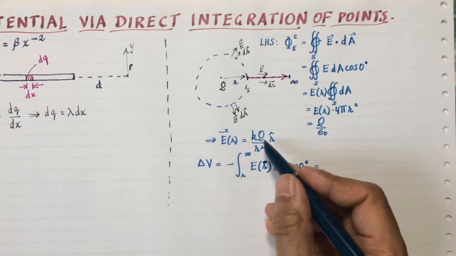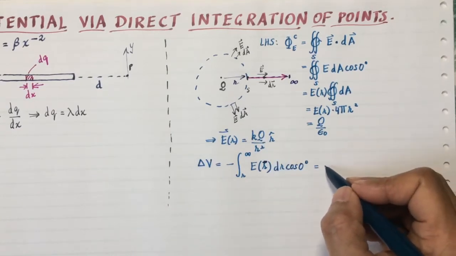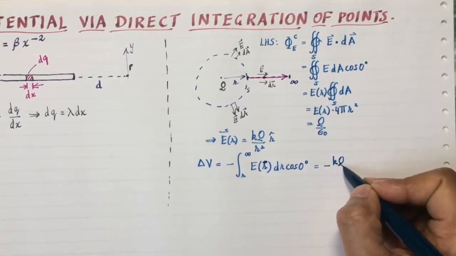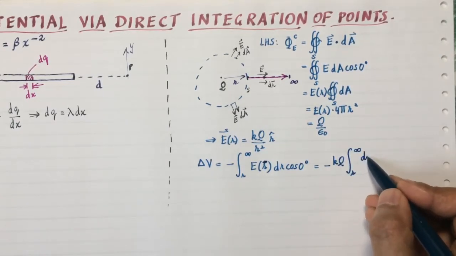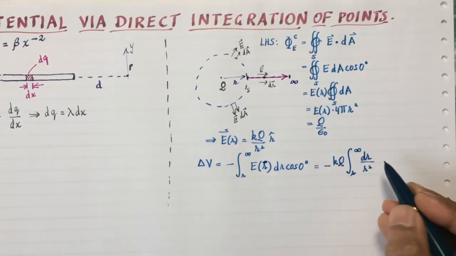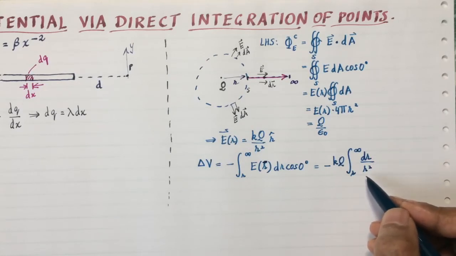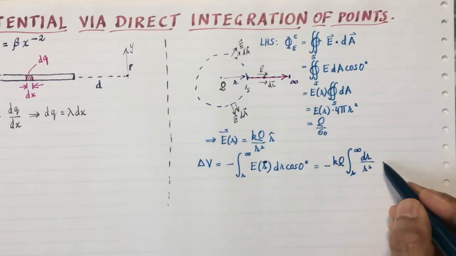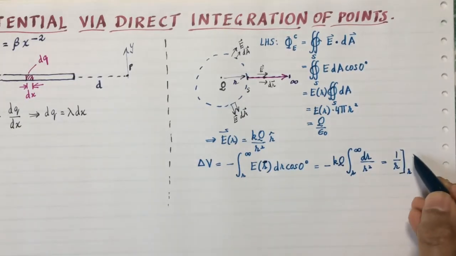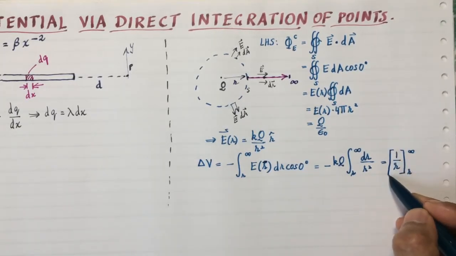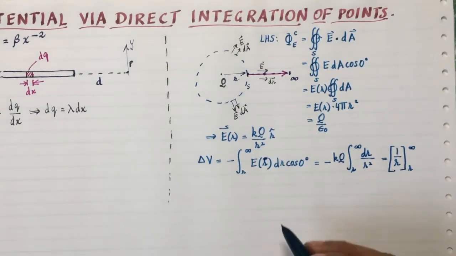And now I'll just substitute for this. I'll get negative kq, constants, integral r to infinity dr over r squared. Well, the integral of 1 over r squared is negative 1 over r, which cancels with the negative sign here. So I get 1 over r from r to infinity. You've probably seen this calculation already 3 or 4 times by now.